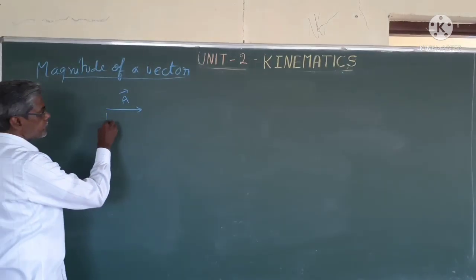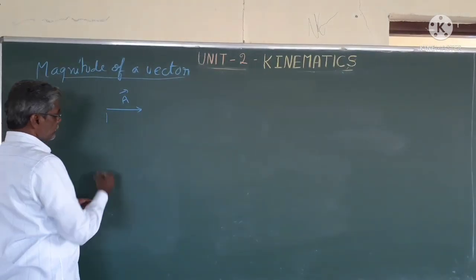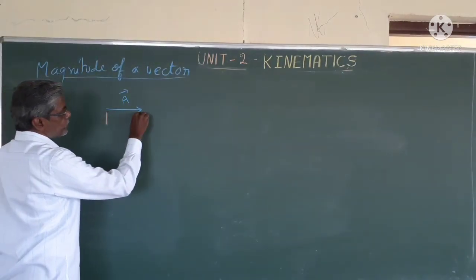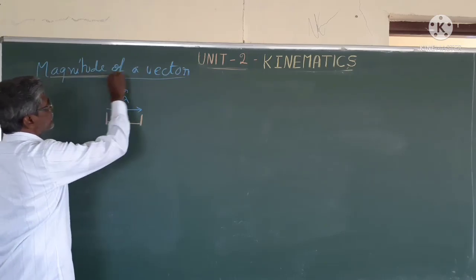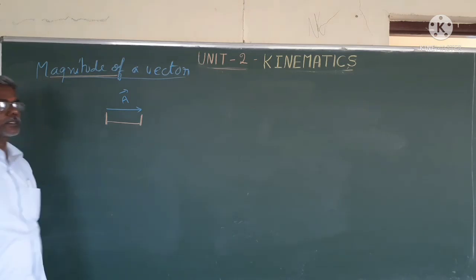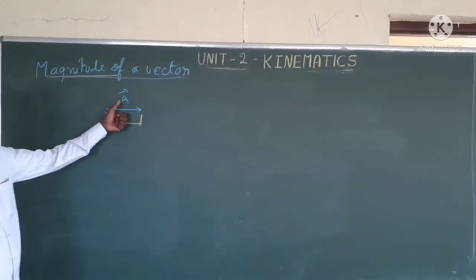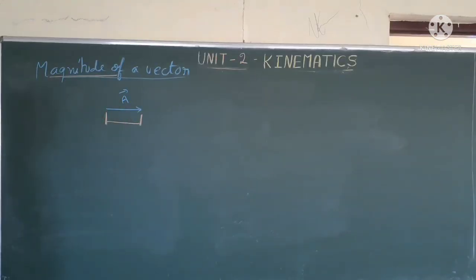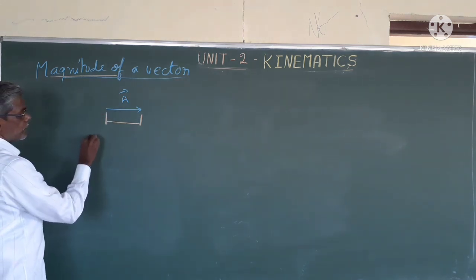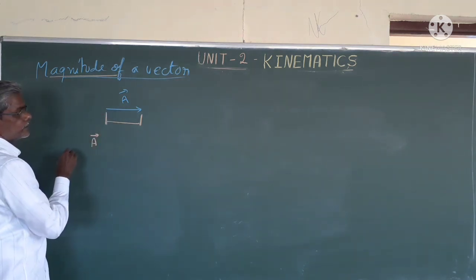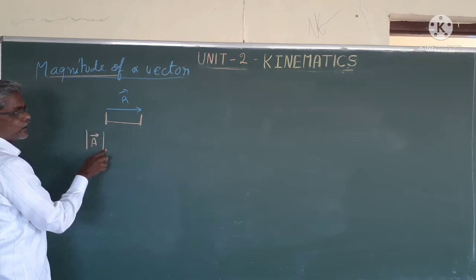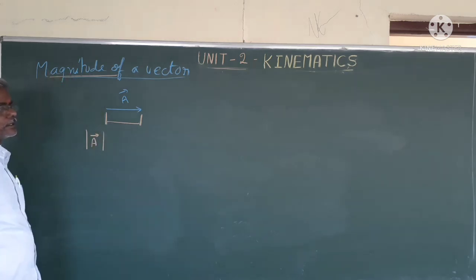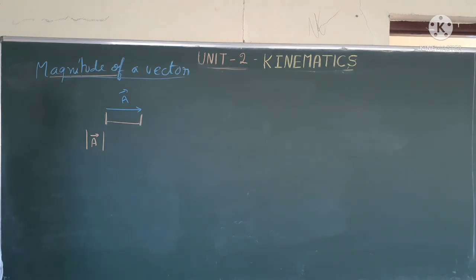The length of this vector will give the magnitude of the vector. Now I can write that a vector can be represented in the form of its magnitude, that is, the modulus of the vector, which will represent the magnitude of the vector.